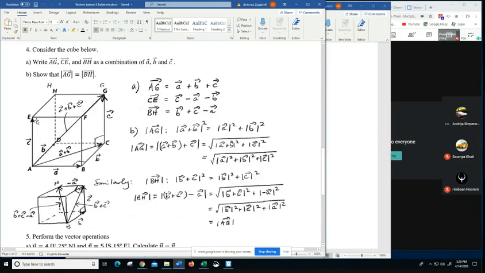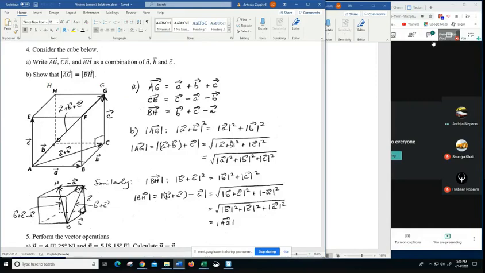I'm adding the opposite of B, so subtracting vector B. And then BH would be pretty similar, that vector there. So how did I do it? I did B plus C, and then plus the opposite of A, so minus vector A. All right? So again, that comes through because vectors are movable wherever you need to move them.